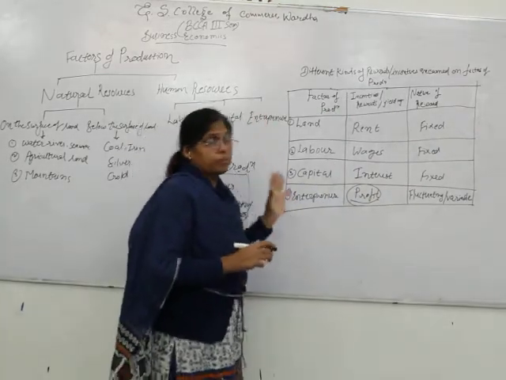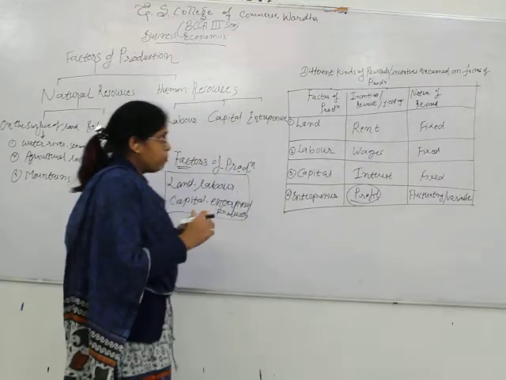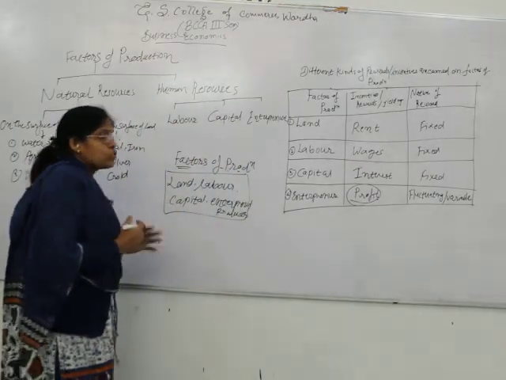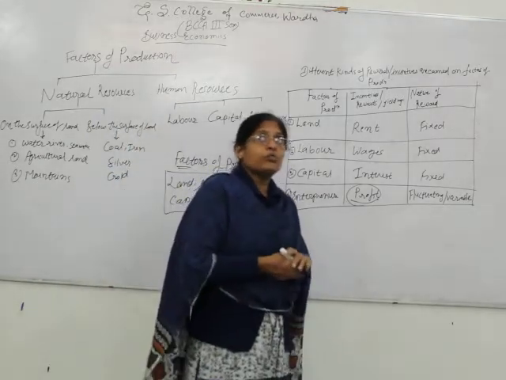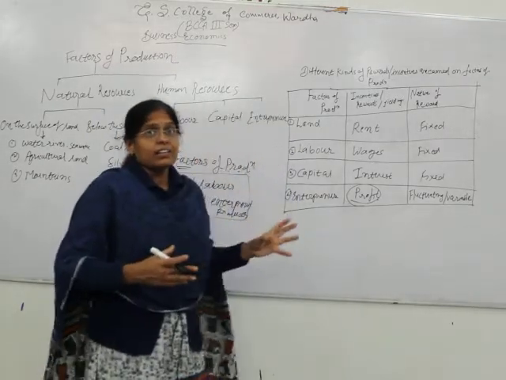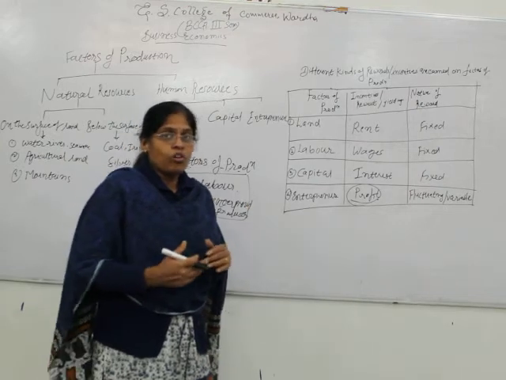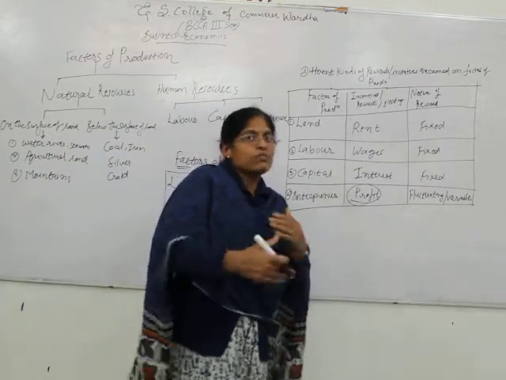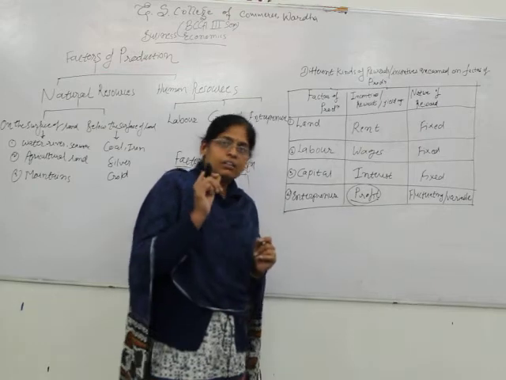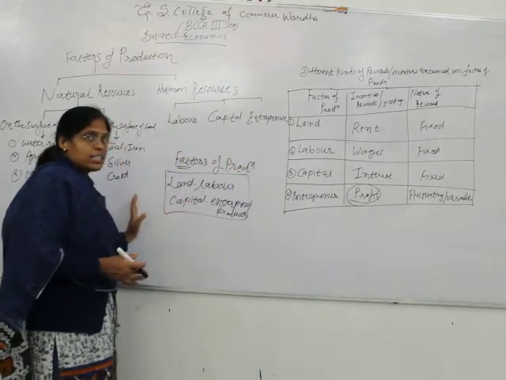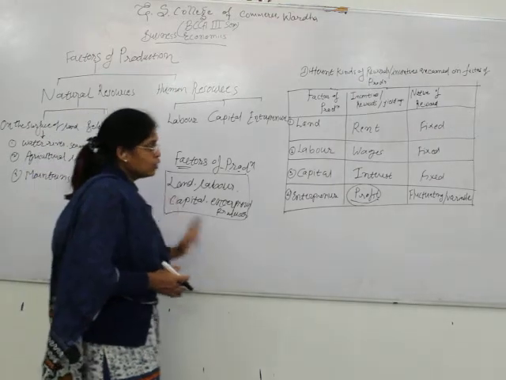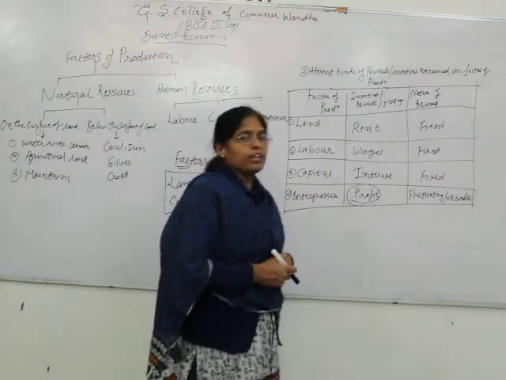I am explaining all these factors of production in a very simple and easy way so that it is easier for you to understand, because the short term, long term, the law of variable proportion and the things we are going to see further are a little difficult or tough. So try to understand these topics very clearly, so that you can understand the other things more easily.